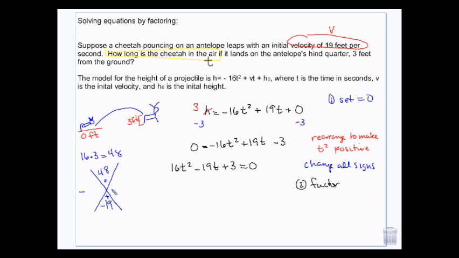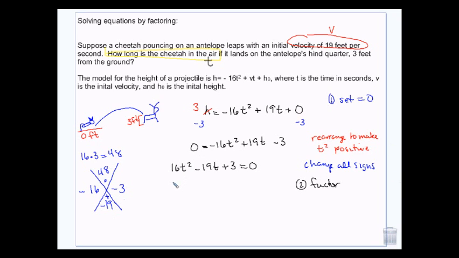If they're giving me a positive 48 but adding up to a negative, I know they're both negative. Things that will multiply to make 48: well, I know 16 and 3, and luckily those just happen to add up to 19, so I've got -16 and -3.